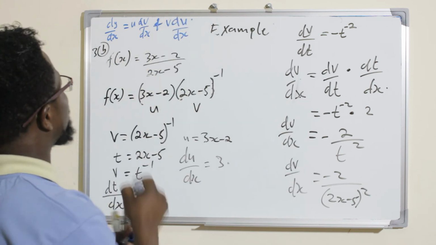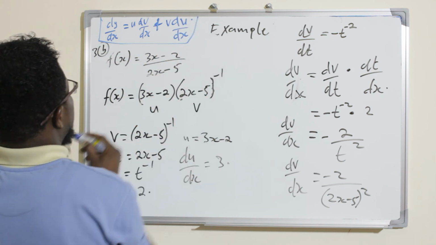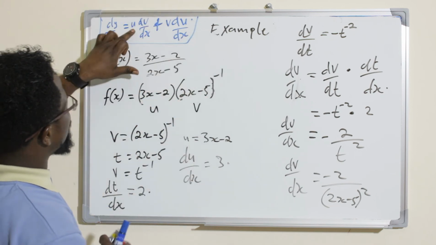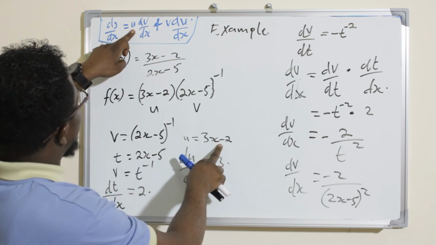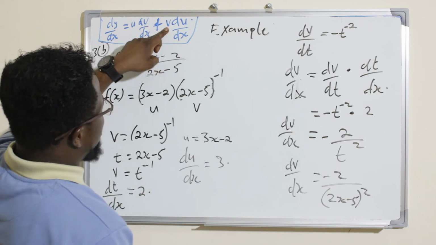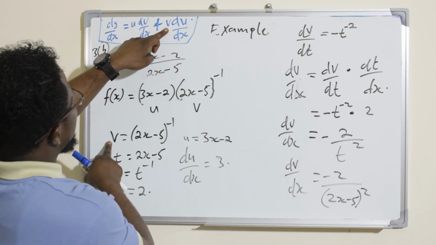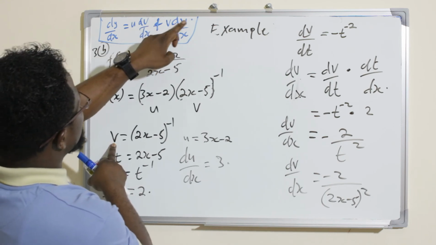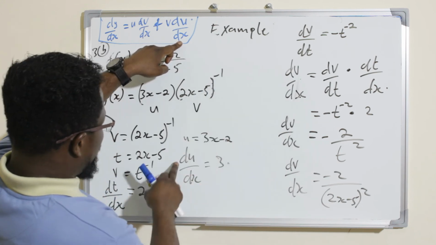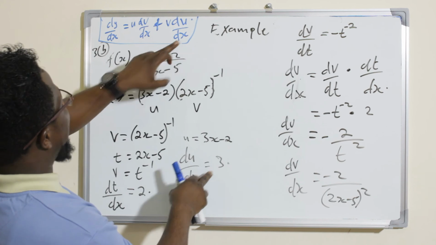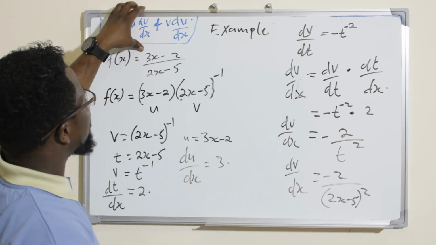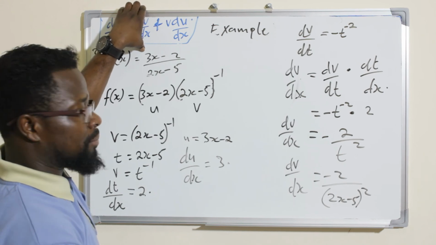This is our product rule. So we have gotten all the terms that we need. U is here, our dv dx is here, and then v is here, and we found du dx, and it is also here. So I can go straight away and do the substitution into this particular formula and solve the problem.